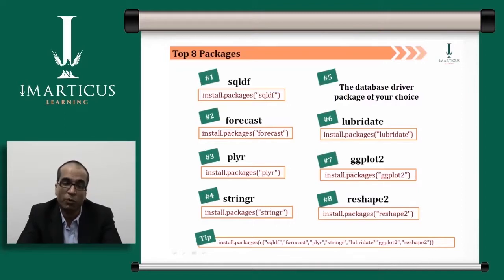Now the fifth important aspect is the database driver. So R can connect to any of the databases, maybe Greenplum, Oracle, PL/SQL, you name it, you have it, right? So all these packages are there, but the only thing is that you will have to install those respective packages. For example, if you have to make your R talk to an Oracle database, you will have to install an R Oracle package.